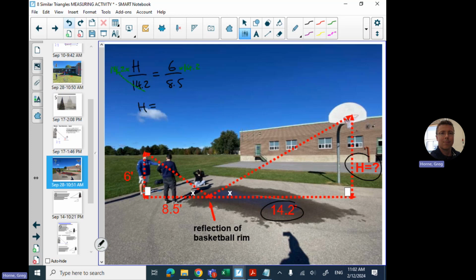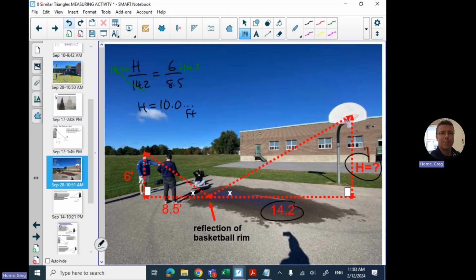So you can check: you do 6 times the 14.2 divided by 8.5, and that will give us 10.0 something or other, right? Rounding close, confirming the height of the basketball net is supposed to be 10 feet.